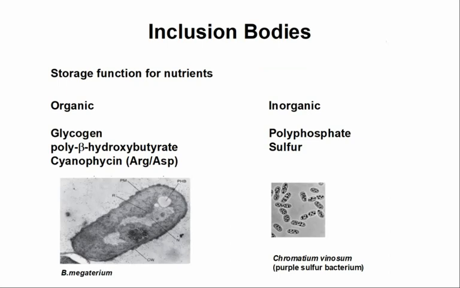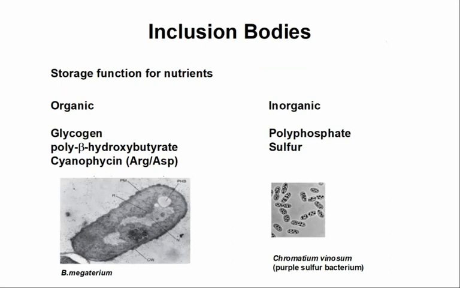So that's it. We've finally finished the external structures of the bacterial cell, and now we're going to move on to the internal structures. Unfortunately, it's quite a lot simpler, okay? So one of the things you can find is inclusion bodies, which are storage structures for carrying nutrients. So they can be organic or inorganic.